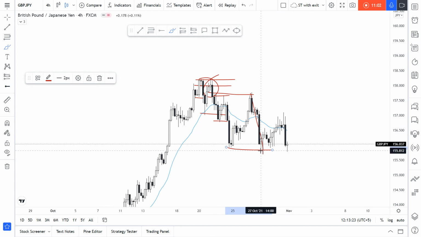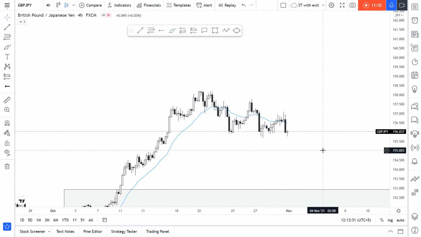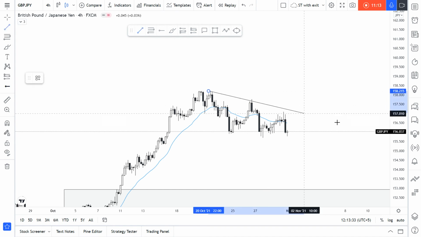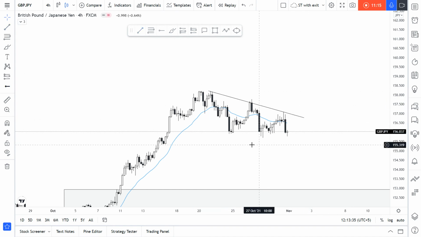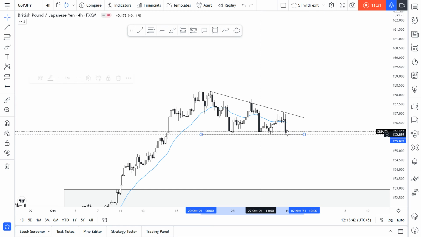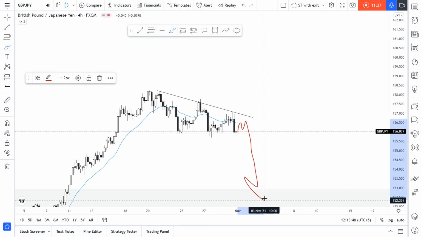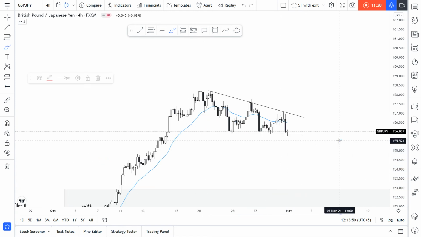So in my opinion, it's bearish because if you look at this from the perspective of the retail traders, the price is squeezing to the downside, like it's a triangle. So in my opinion, it might go a little higher and then push to the downside.